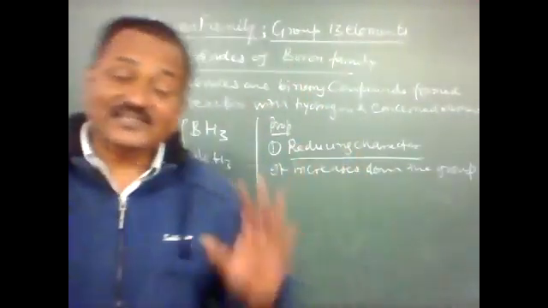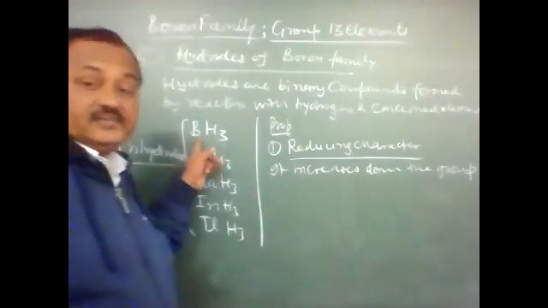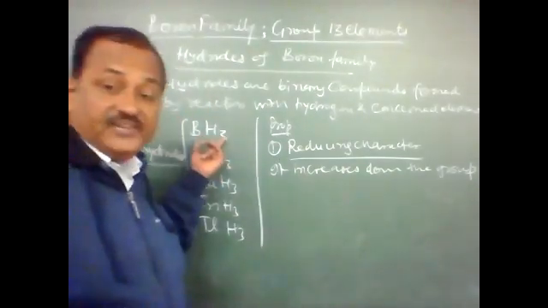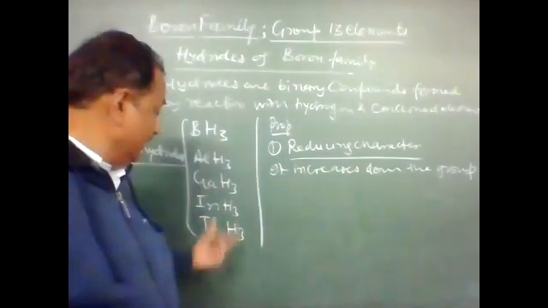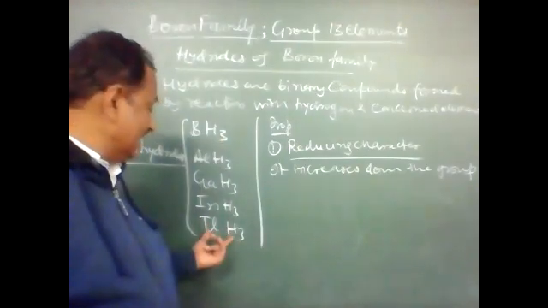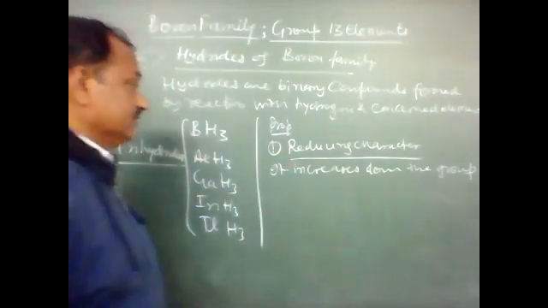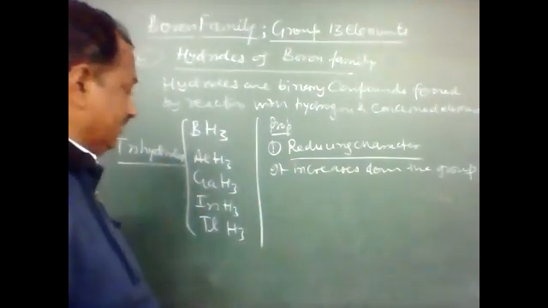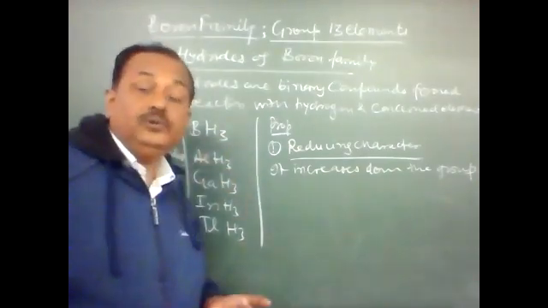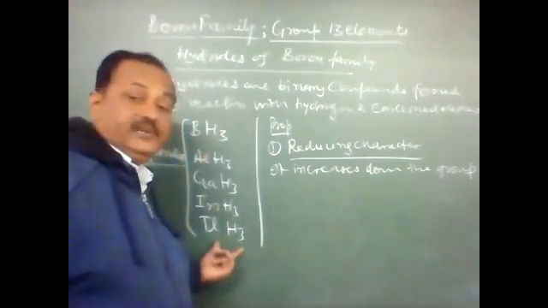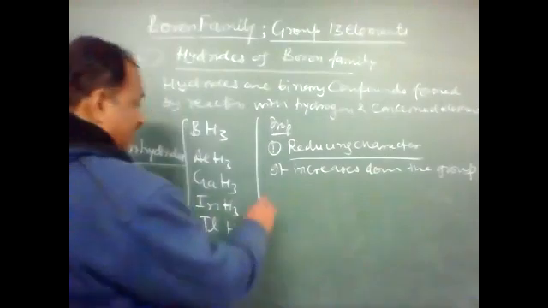Why does it increase? Simply, children, size. Boron is the smallest size, so there is a very strong bond between boron and hydrogen. In the case of thallium, the size is largest, so there is an increase in the reducing character. So boron will not lose the hydrogen easily, thallium will lose hydrogen easily. So what's the trend?